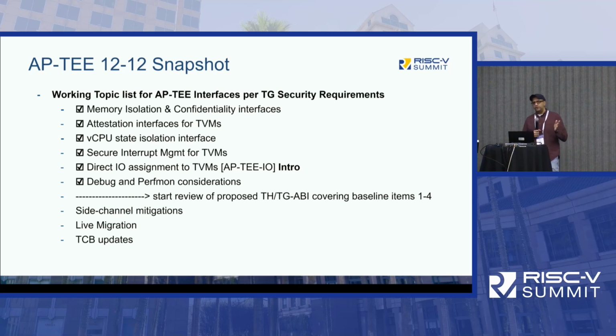And then a bunch of other SoC and platform considerations around, how do you trust the performance monitoring subsystem? How do you authorize debug correctly so that you can still debug a platform but not divulge any of the secrets inadvertently, right?